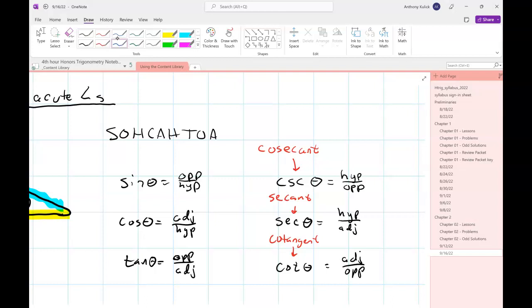Cosine does not go with cosecant. The cos don't go together. That means cosine would have to go with secant, and then by process of elimination, cosecant goes with sine. And now I've managed to memorize 6 new ratios with really only remembering one thing, that cosine and cosecant don't go together. The cos don't cooperate. Ha ha ha ha. So that should feel much less overwhelming than tacking on 3 more ratios.